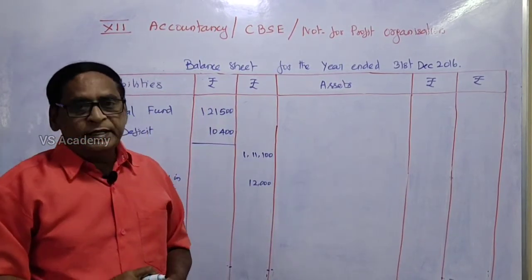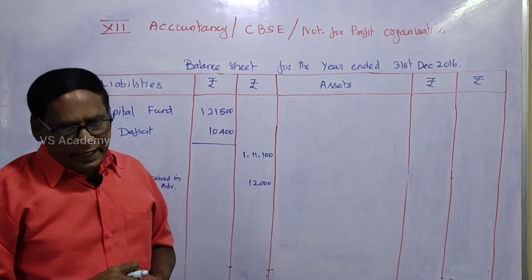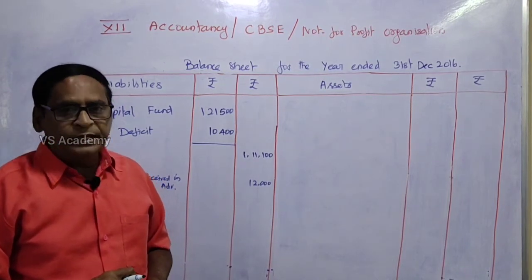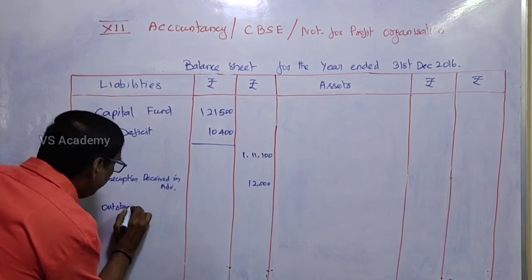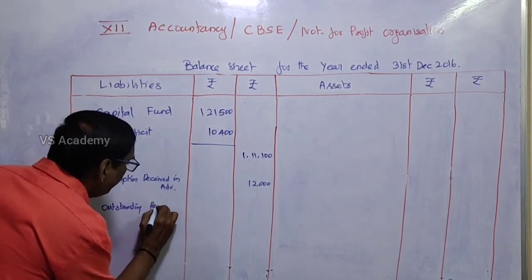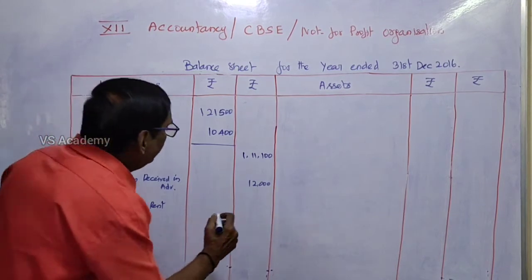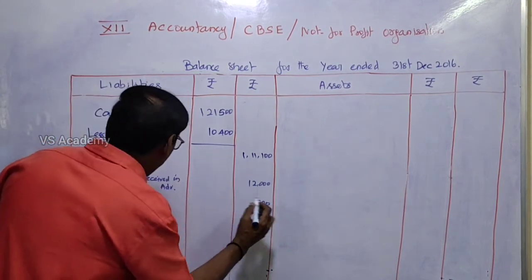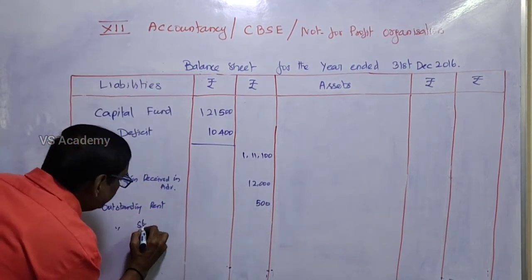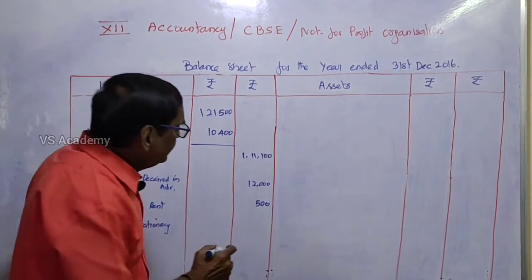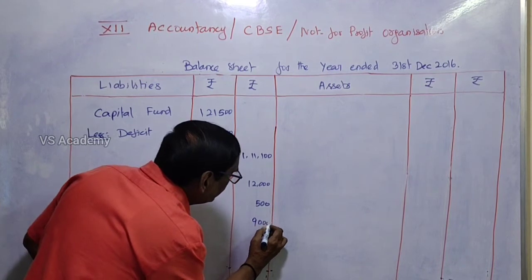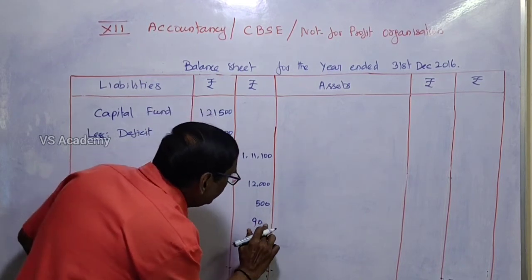And then on the liability side there is an outstanding rent and then outstanding stationery. So outstanding rent ₹500, and then outstanding printing and stationery, 900 rupees.